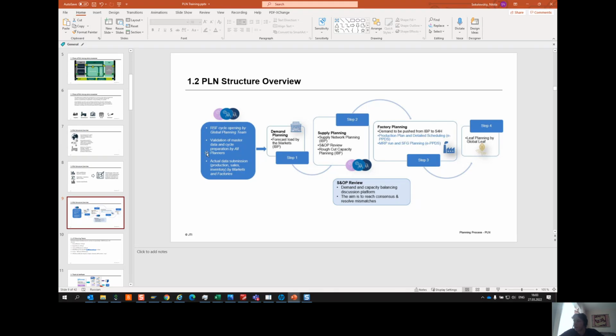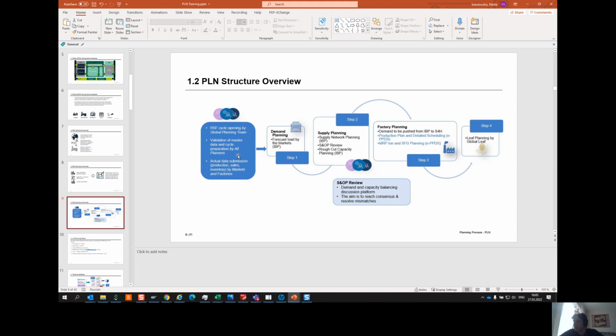So what are the first actions for the planning cycle? First of all, it is validation of master data and cycle preparation by all planners, which means maintenance of the portfolio, like which products we produce and which products we sell, but also master data in SAP.